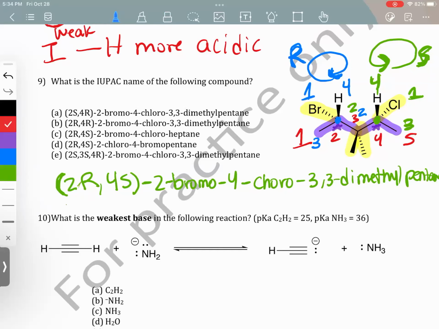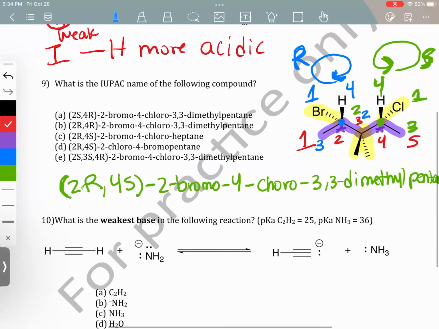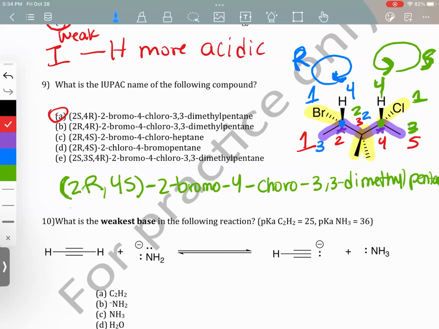So the answer choice that matches that, B. No, there's 2R on B. Oh, oops, I didn't mean to say B. Just notice this one says 2R, 4S. I think there's a typo in A. 2 is supposed to be R, and 4 is supposed to be S. It's not supposed to be 2S, 4R.